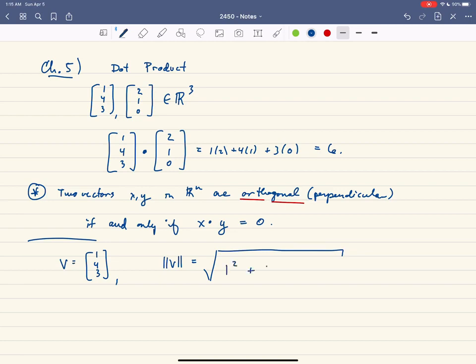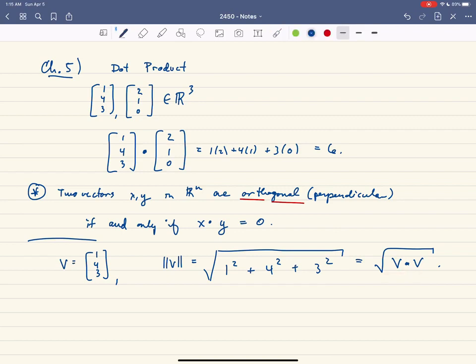So 1 squared plus 4 squared plus 3 squared. And then we take the square root of that. And of course this 1 squared plus 4 squared plus 3 squared we can actually think of as v dotted with v. Okay, so that's one way to get the length of a vector. You just take the square root of the dot product of that vector with itself.